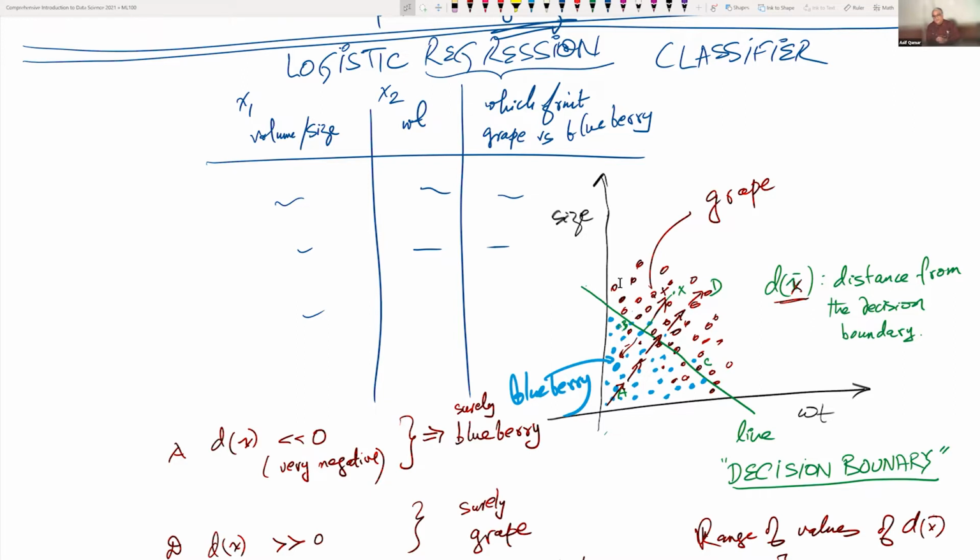So a green grape, you don't know what this is. Is this a blueberry or is this a grape? And for a moment, imagine you can't see the color. So you would say that small, light things are blueberries, slightly heavier, more voluminous things are grapes. And so on the weight and size axis, this is the distribution of blueberries and grapes. Now, there may be some grapes that are very tiny, and there may be a few blueberries that are ginormous.